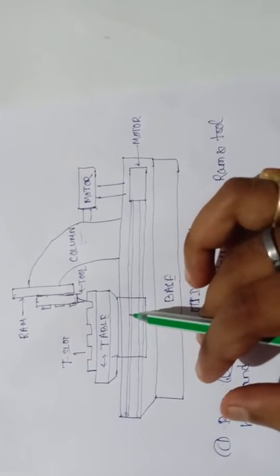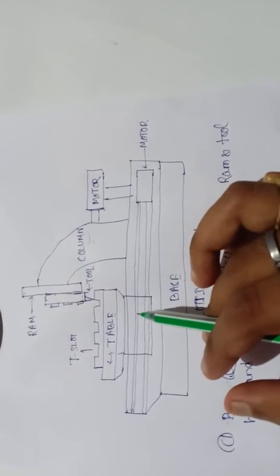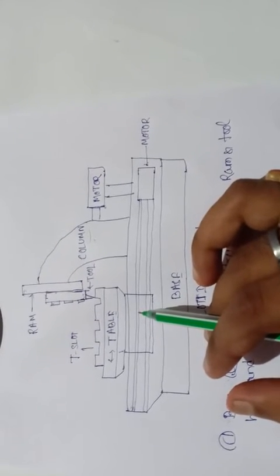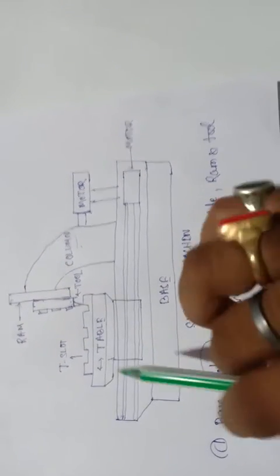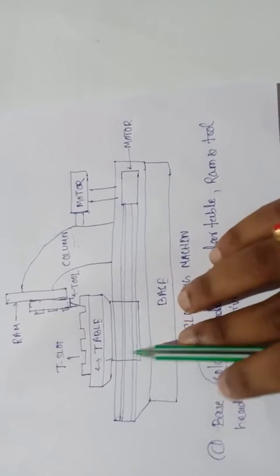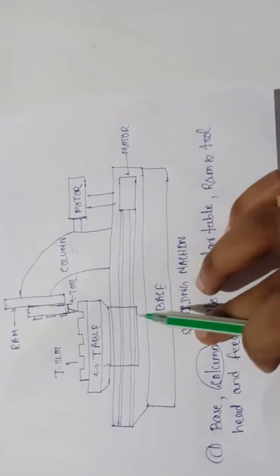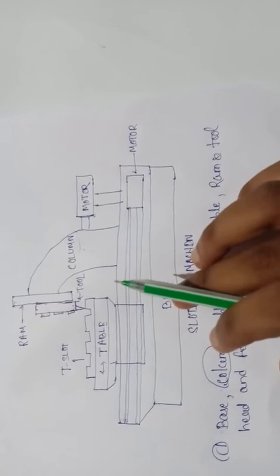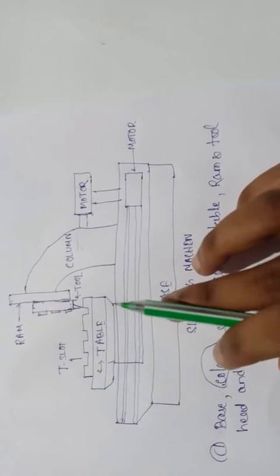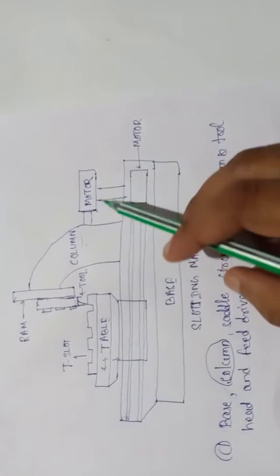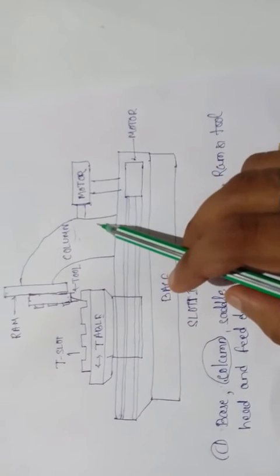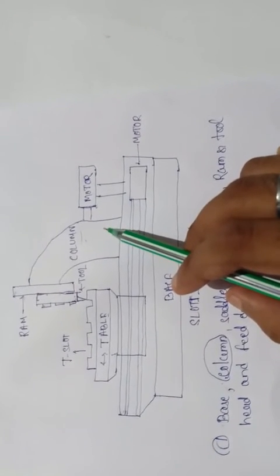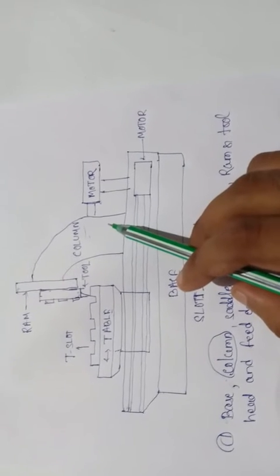In the variable speed motor drive, speed is obtained by different gears in a gearbox, and the shaft is rotated with the help of an electric motor.